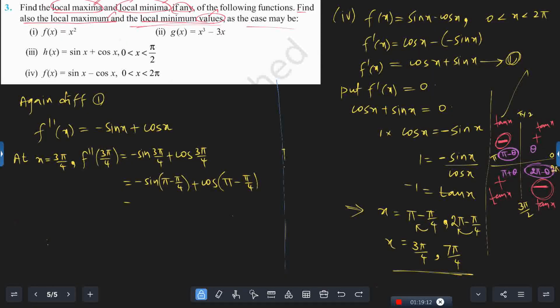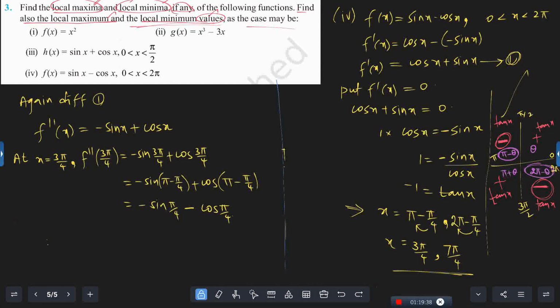Okay. Minus. Pi minus pi by 4, which quadrant? Again second quadrant. In the second quadrant, what is the sign of sine? Positive. So positive means positive only, but outside minus is there. So sine pi by 4 you will be getting as the answer. Next cos, what is cos in the second quadrant? Negative. So negative cos pi by 4.